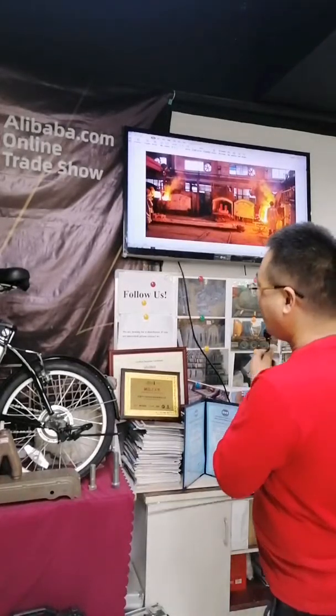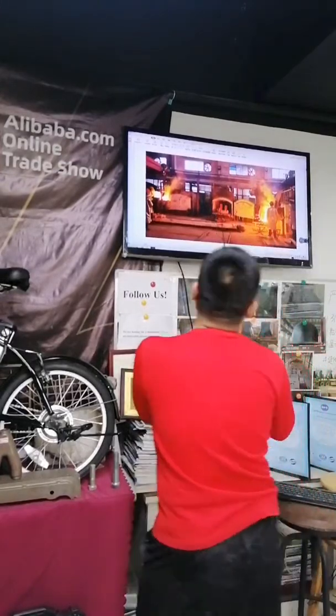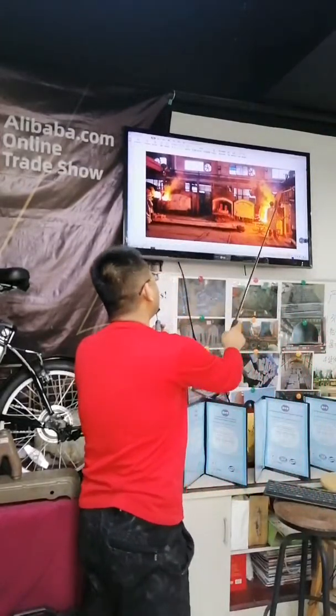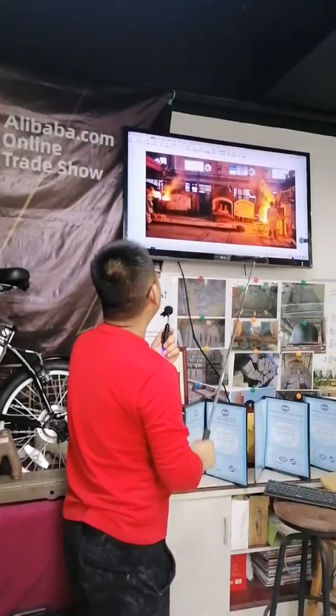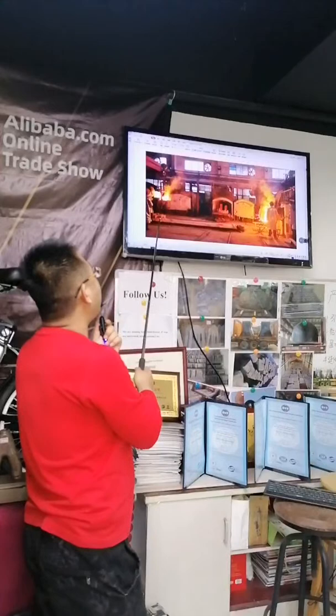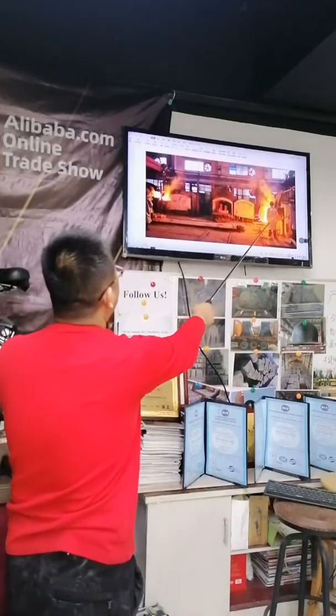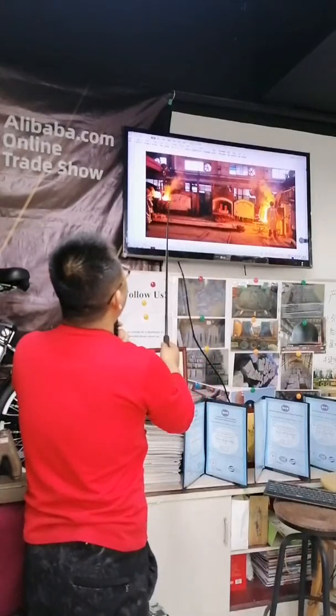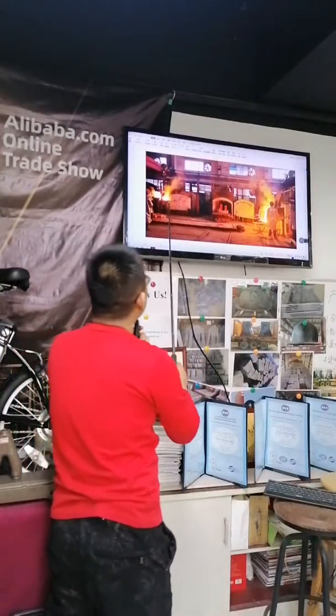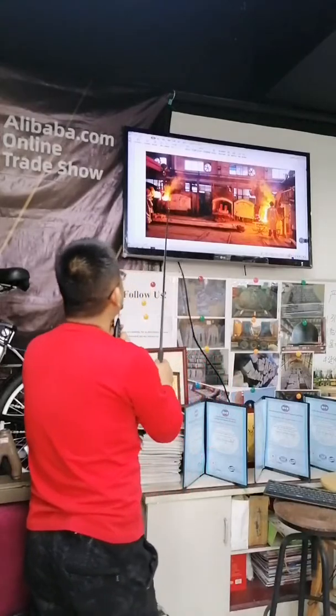Our heat treatment and our castings sample, making candles, and this is our trays. And we will do castings by our methods.